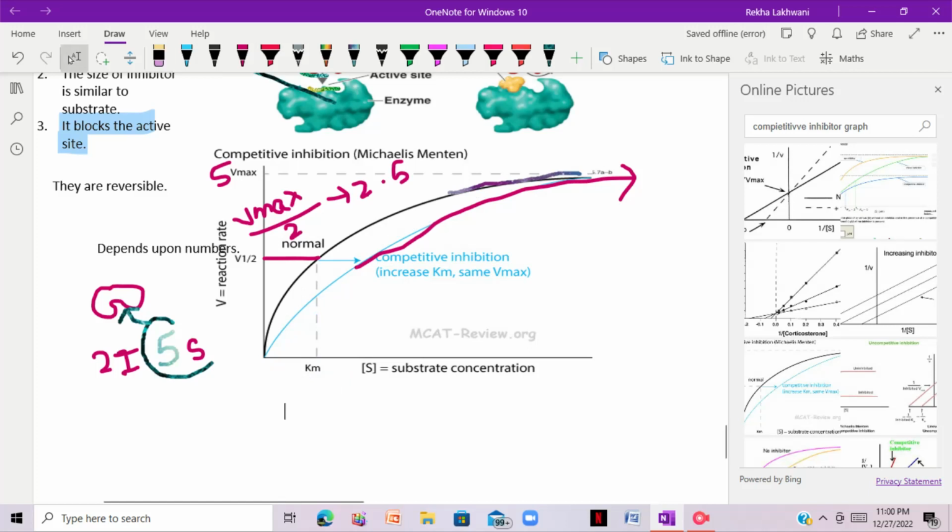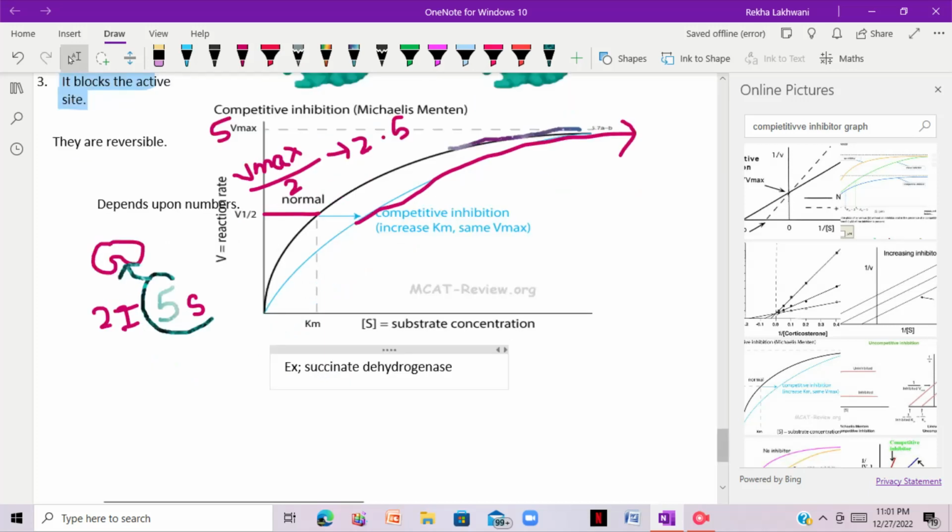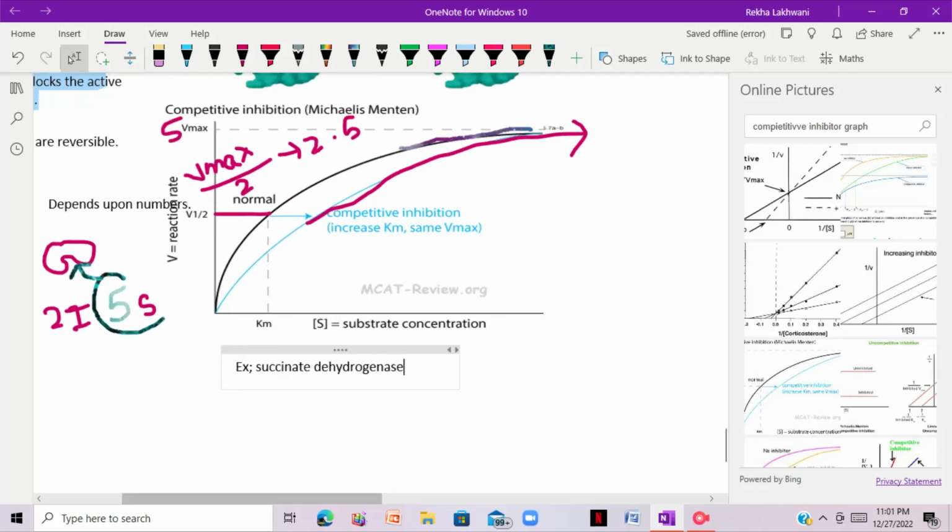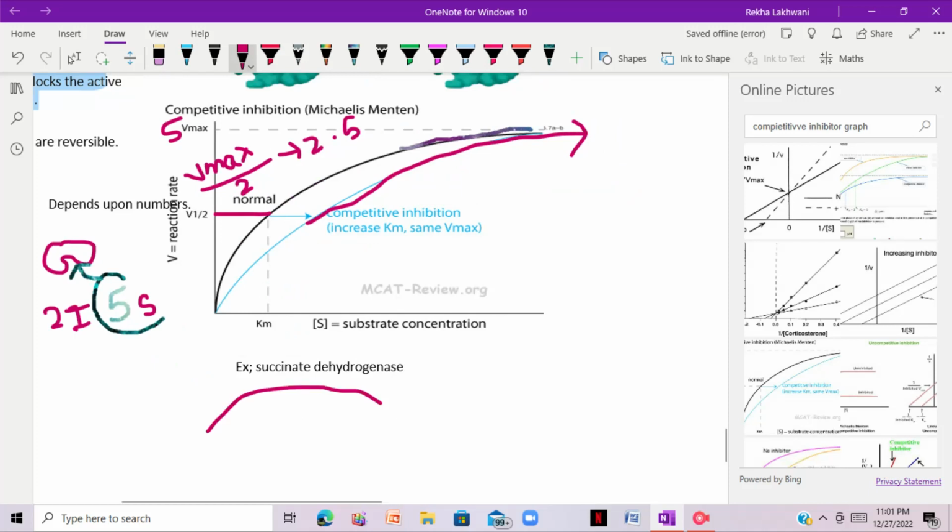This is basically an enzyme which converts succinate into fumarate, right?